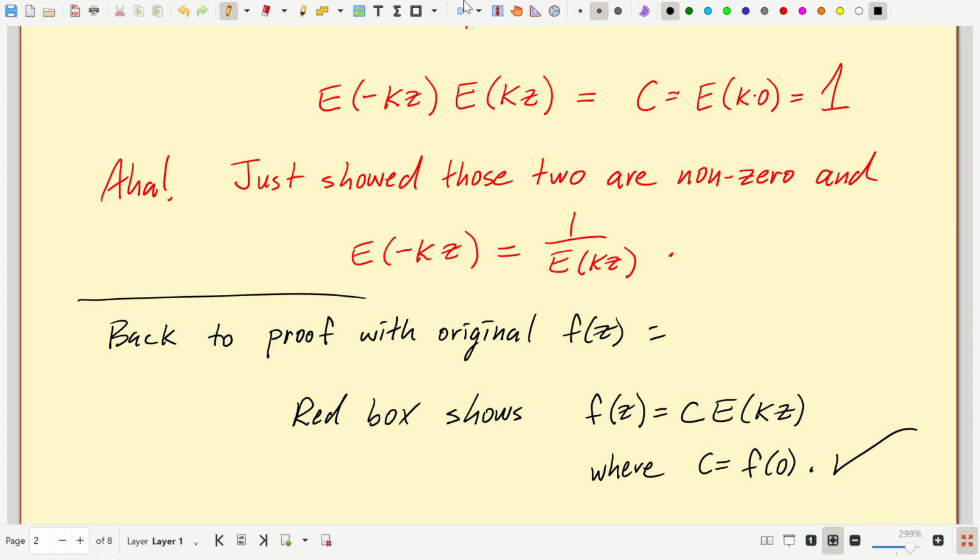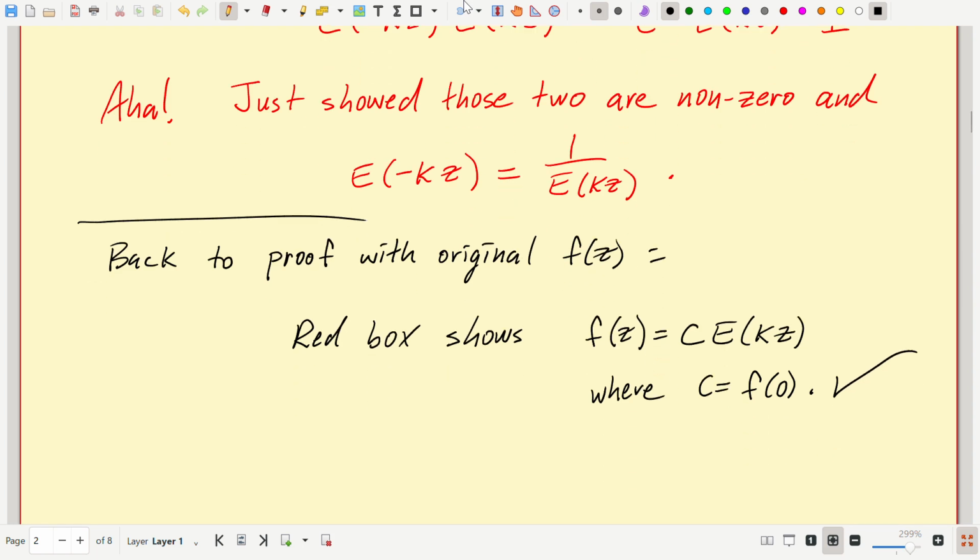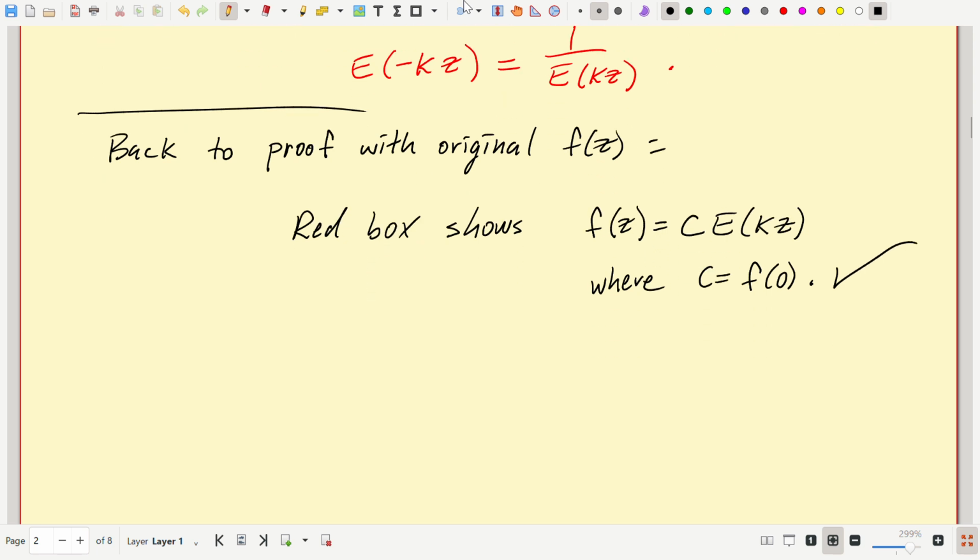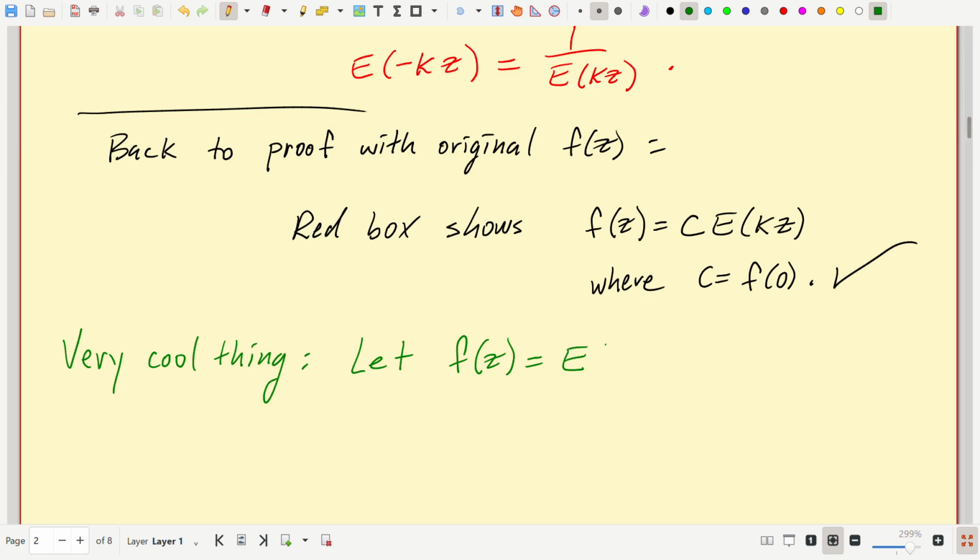And now I want to do one of my favorite things. This is something very cool. Let's let f of z be equal to e to the z plus w. I'm going to use this lemma now. Any questions, by the way, about anything?